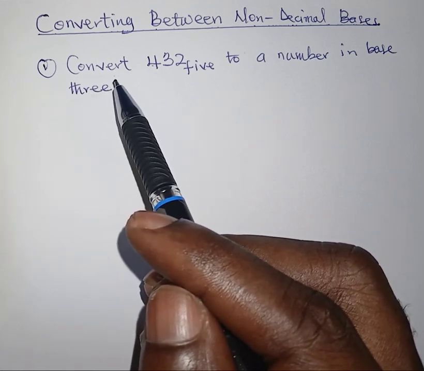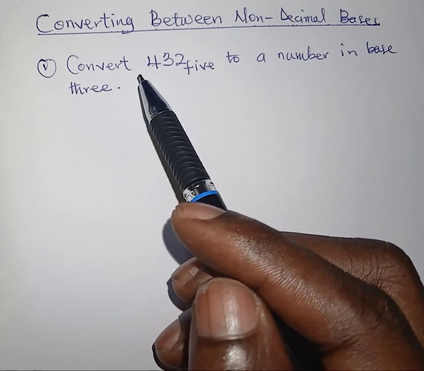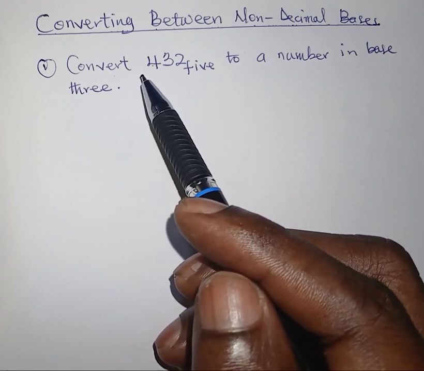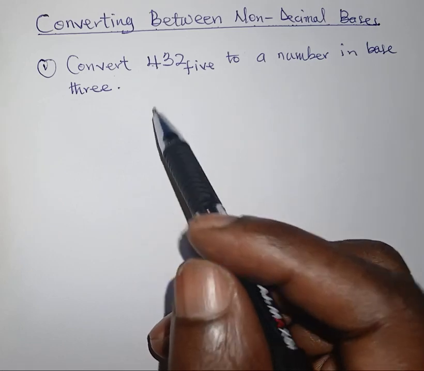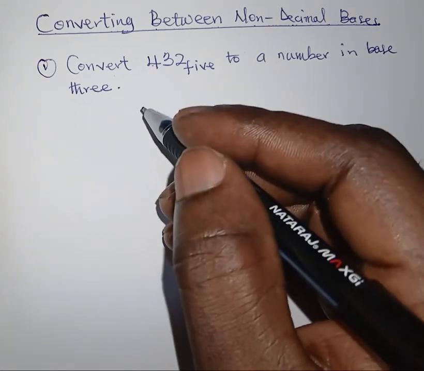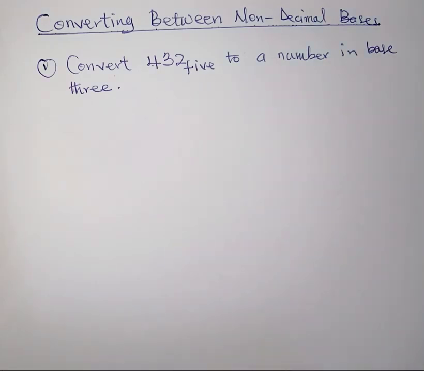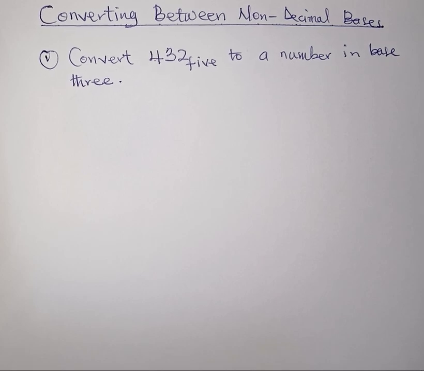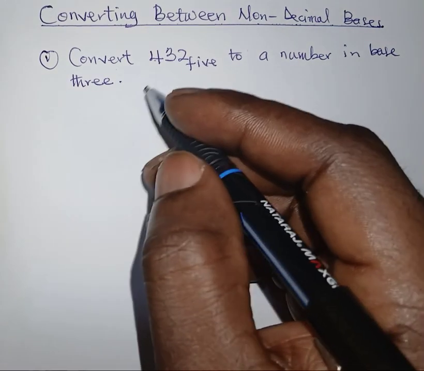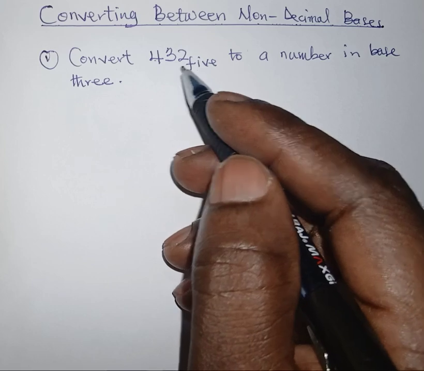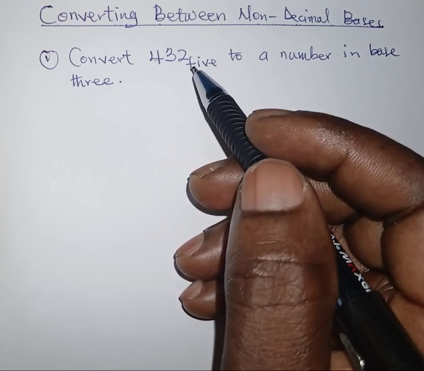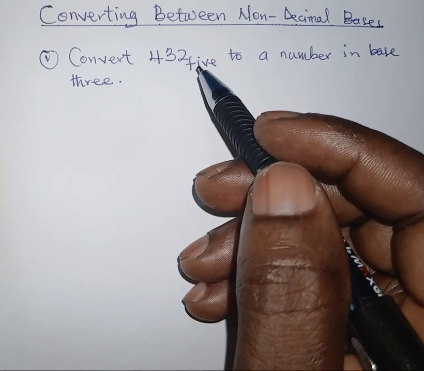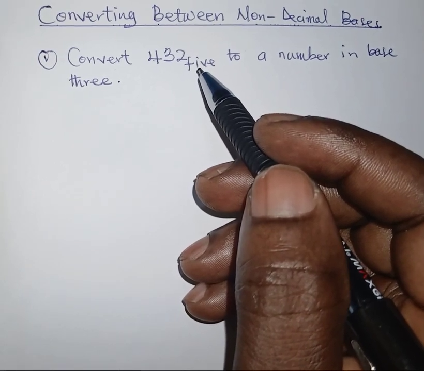All right. We already looked at how to convert from other bases to base 10. We just did it in our previous lesson, so we will not waste time. If we are converting from base 5 to base 10, then how do we do it?